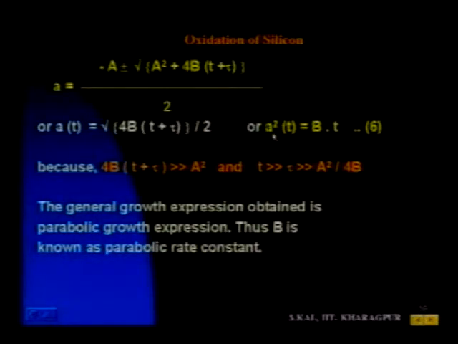This equation, A square of T equal to B into T, is similar to the equation of a parabola, as all of you know. That is why this constant B is known as the parabolic rate constant, and this parabolic rate constant has the dominant role in deciding the oxide thickness when you go for oxidation for a longer time.